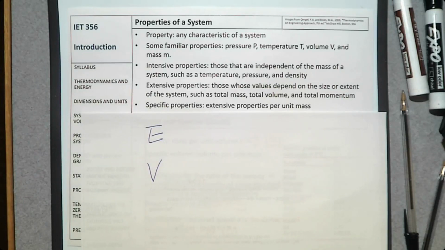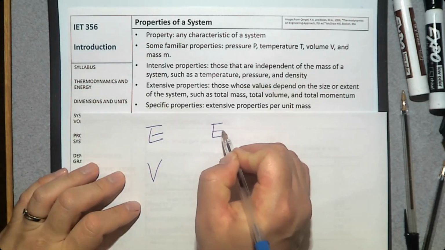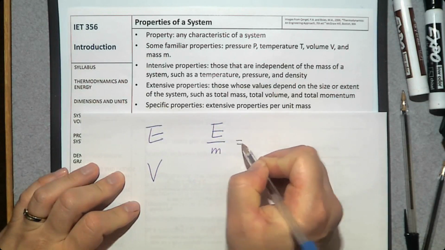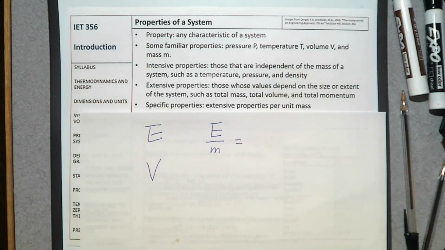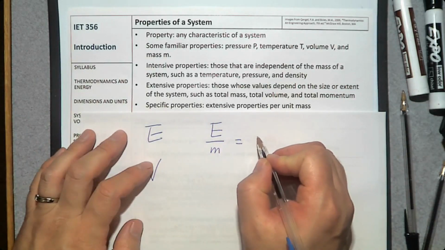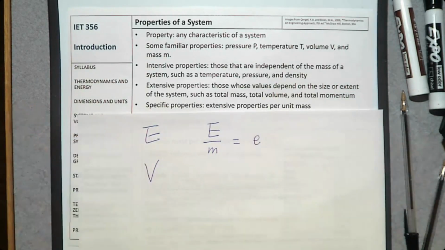If we divide them by mass, such as total energy divided by mass, it becomes energy per unit mass, in other words, specific energy. This specific energy is lowercase e.